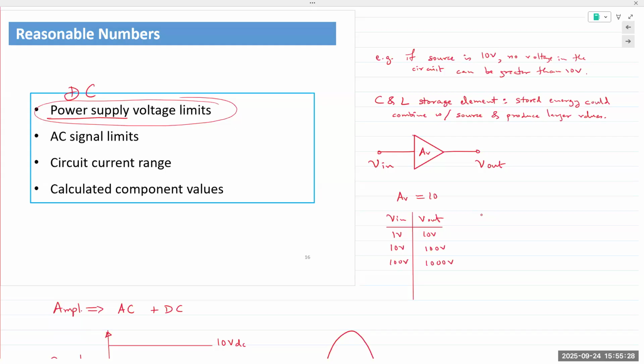Okay. That is one example of an exception.